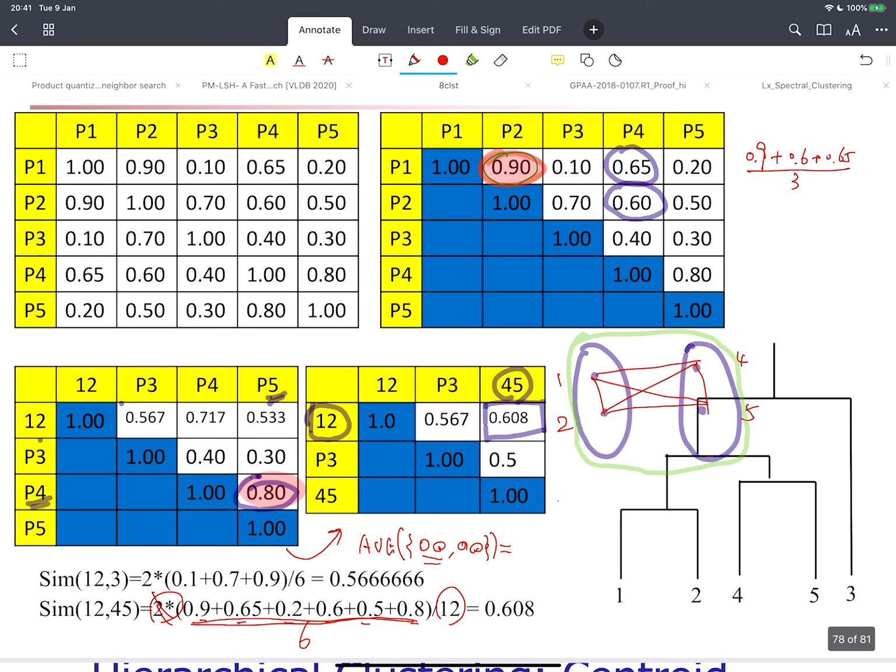So if you divide them into equal groups, where each group has the same number of points, then you can do the average. You can take the average here and take the average here, and then do a simple average.